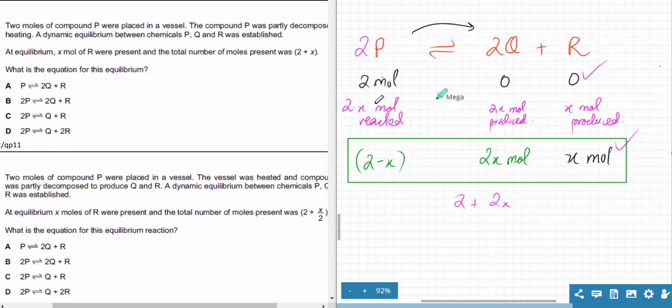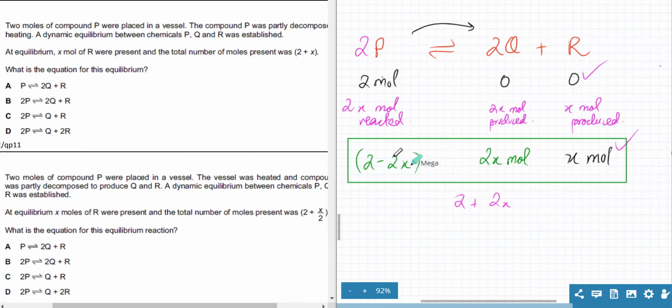Why? Because 1 R is produced by 2 P. So X moles are produced by 2X P, double the amount. So the amount of moles over here are going to be 2 minus 2X.